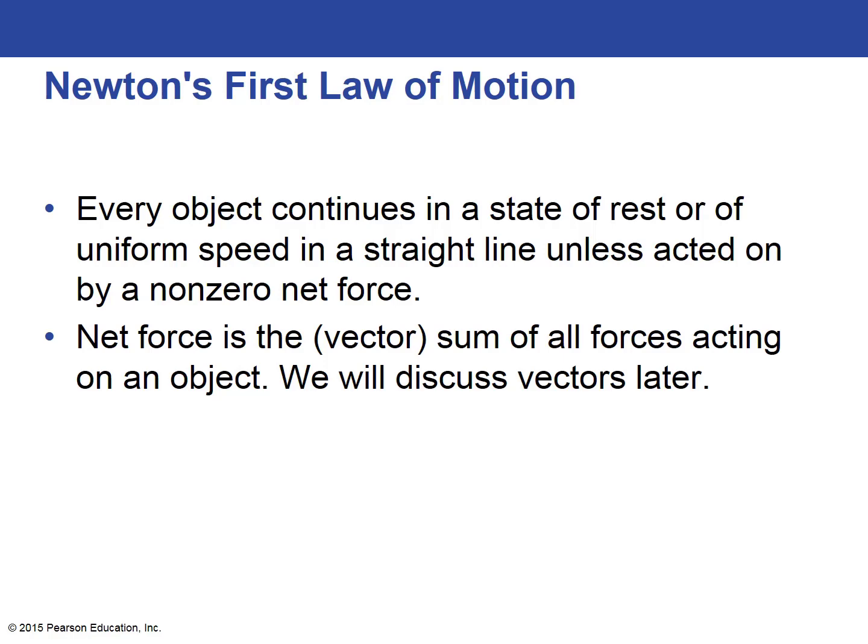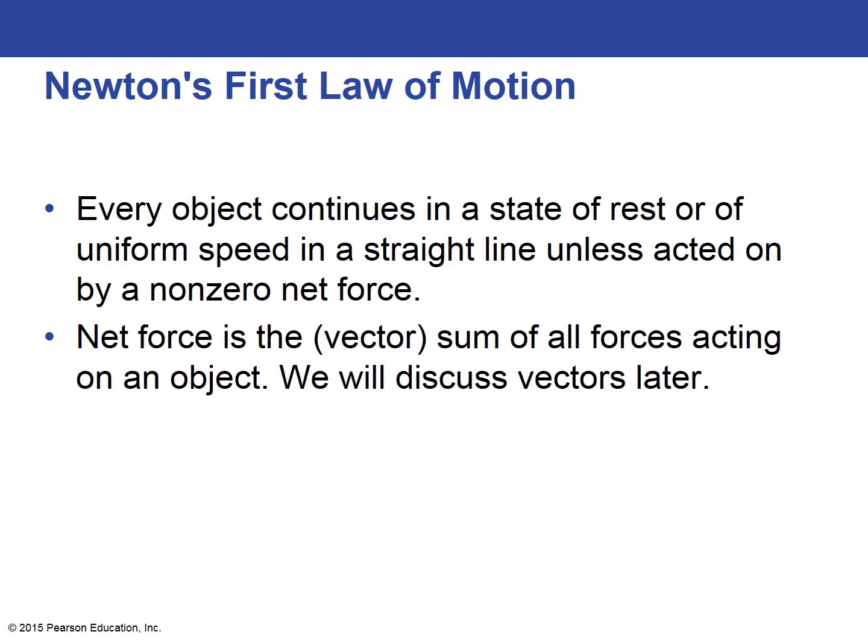By net force, we mean that the sum of all forces acting on the object must add up to zero if the object at rest remains at rest, and if the object moving at uniform speed remains at uniform speed. In fact, that's one of the ways we know that there are no net forces acting on the object. So this allows us to state very explicitly what Newton's first law means.